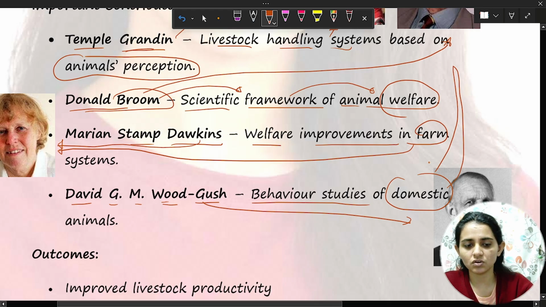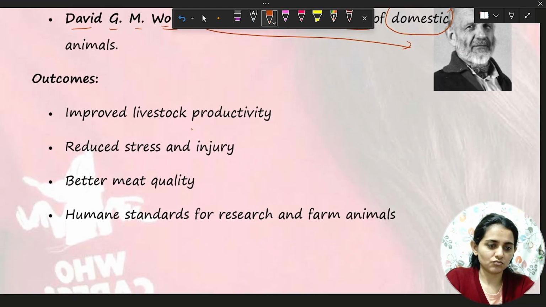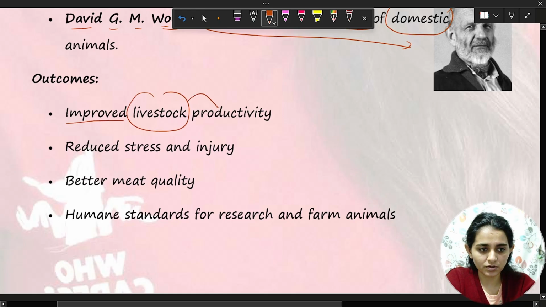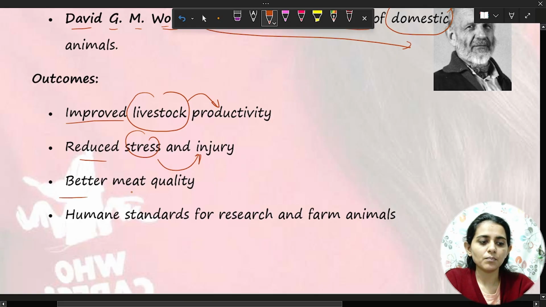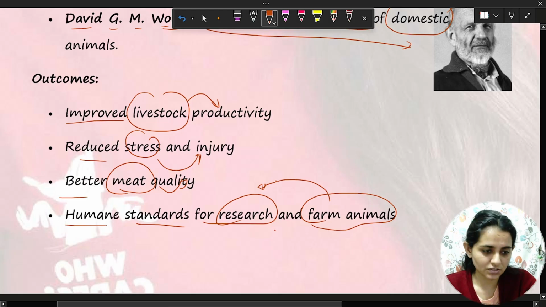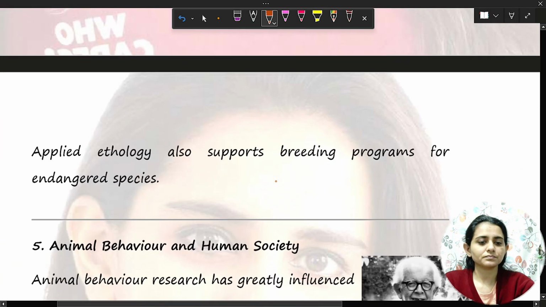What is the outcome of this welfare behavior system? It improves livestock productivity, reduces stress and injury, gives better meat quality, and raises the human standard of research and farm animals.